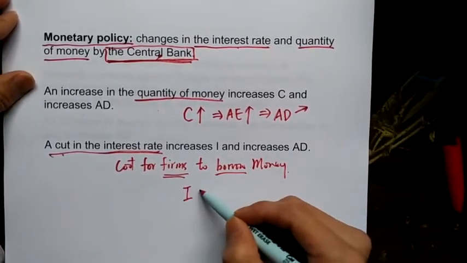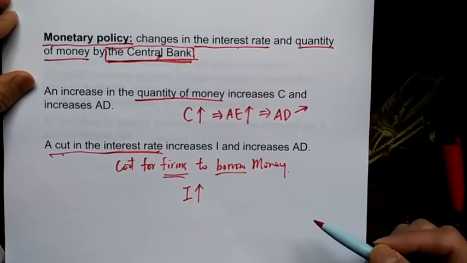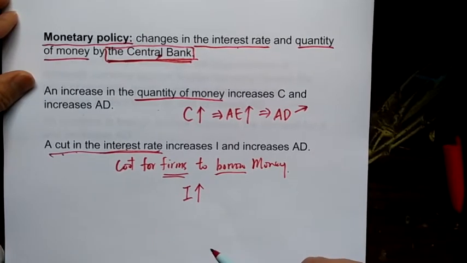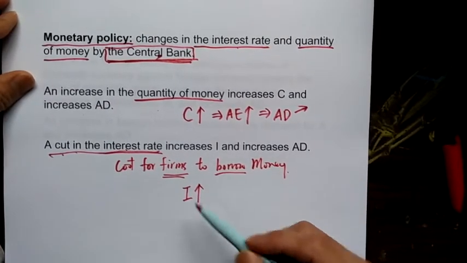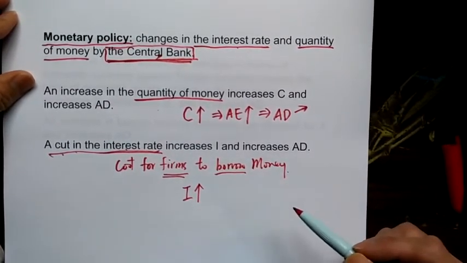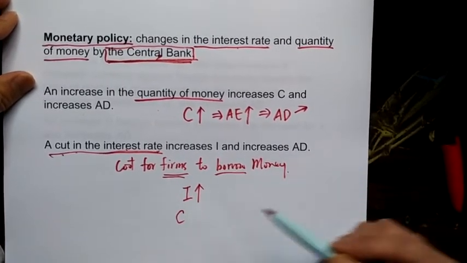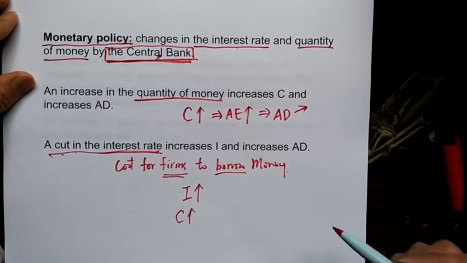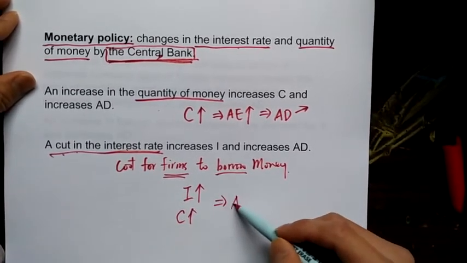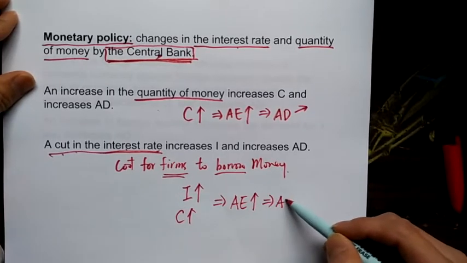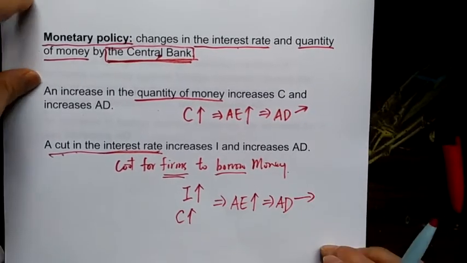Therefore, they are going to invest more. Also, if the interest rate is lower, mortgage rate is lower, car loan rate is lower, you are going to buy a house, you are going to buy a car. Consumption will also increase. Therefore, aggregate expenditure increases. Therefore, aggregate demand curve shifts to the right.